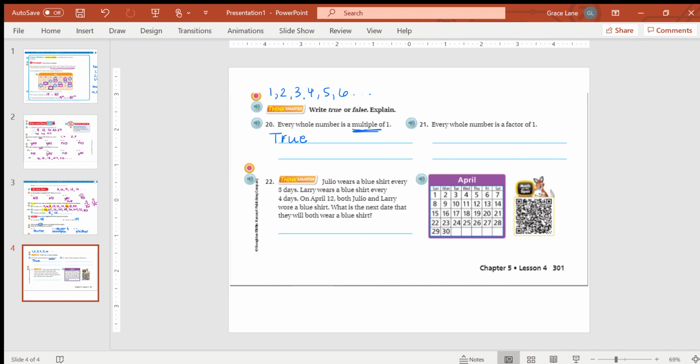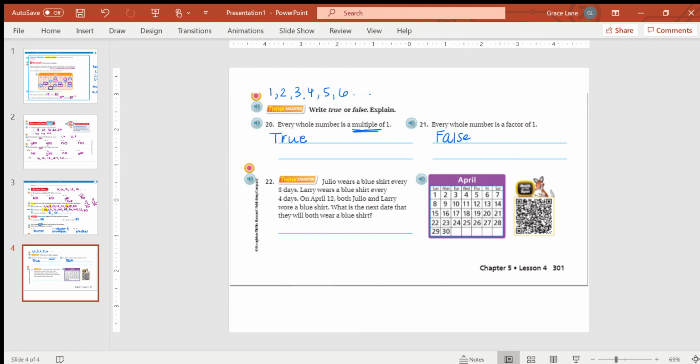So the only factor of 1 is 1. So is it true that every number is a factor of 1? No, that's false. You could say because the only factor of 1 is 1, because the only way to make the number 1 with multiplying is just 1 times 1.